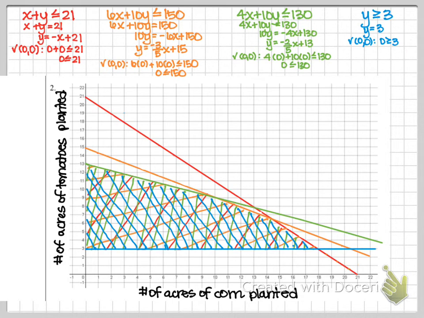So I'm going to go through and I'm going to grab a black pen this time. And I'm going to find where all of these, so if I've got my big shaded region, where my corners are located. So it looks like I have a beginning corner at 0, 3. So that's one of my corners there, 0, 3. Let's see. Looks like I also have a corner up here at 0, 13.